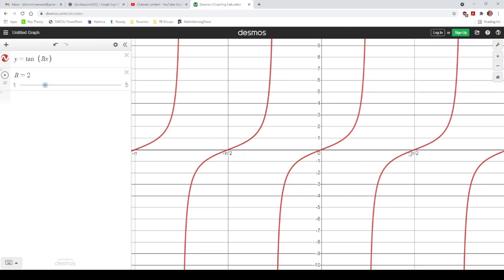The period has been cut in half when we change that multiplier from 1 to 2. So the multiplier out in front of your x affects the period of your trig function. And the period, remember once again, is the length it takes to complete one full cycle.